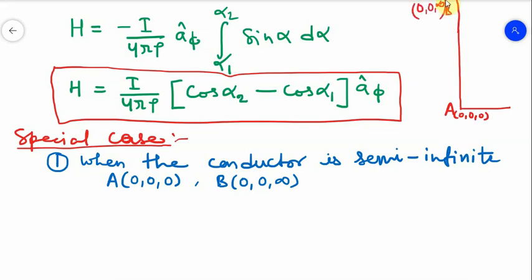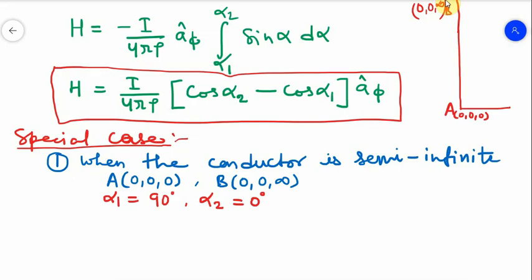Okay, so in this case, what will be this angle, this alpha 1 and alpha 2? So obviously this alpha 1 will be equal to 90 degrees. Okay, and alpha 2 will be equal to 0 degrees. So if we put these conditions, alpha 1 equals 90 degrees, then cos 90 is 0, alpha 2 equals 0 degrees means cos 0 is 1.